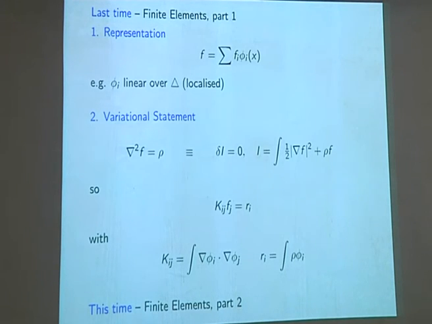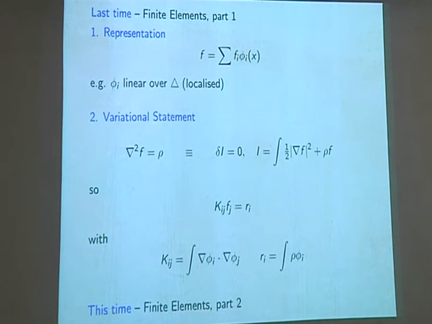When we take a derivative with respect to the parameters, we end up with a linear function of the parameters, and we end up with Ax = b, Kf = r, the normal letters used to solve for our Poisson problem, where K is the stiffness matrix, an integral of the product of gradients of 2 basis functions, and the forcing of the original problem, rho, has come down to r_i, an integral of the product of the forcing rho with a basis function.